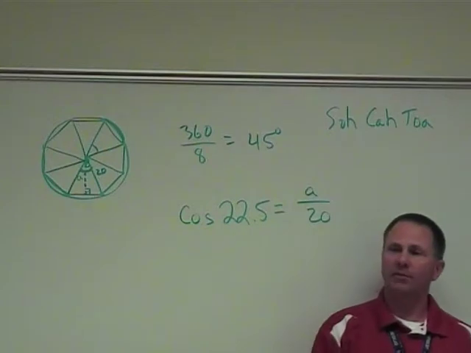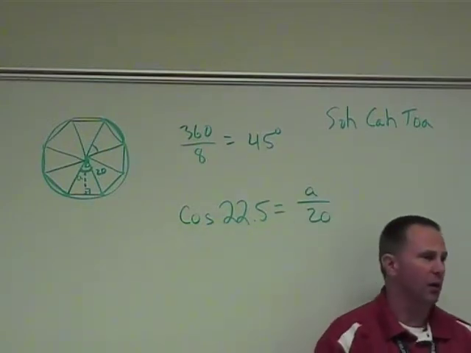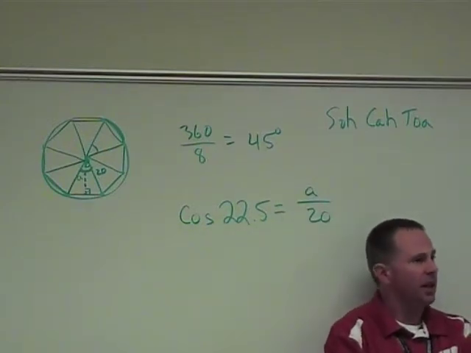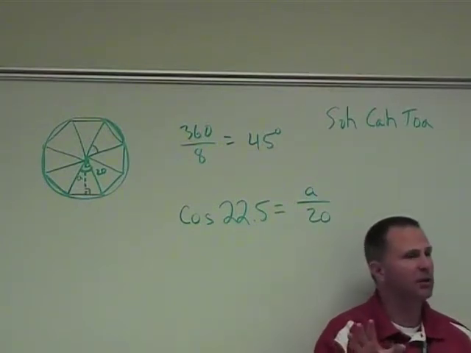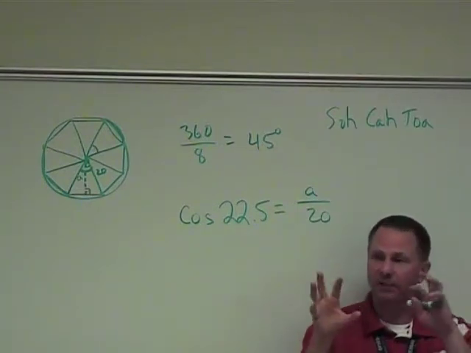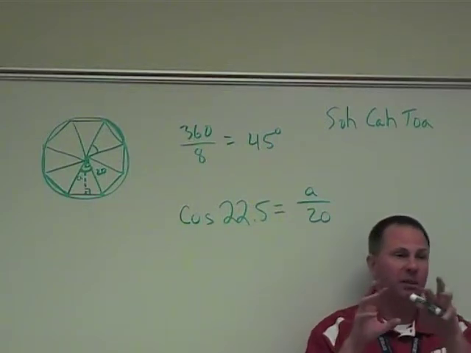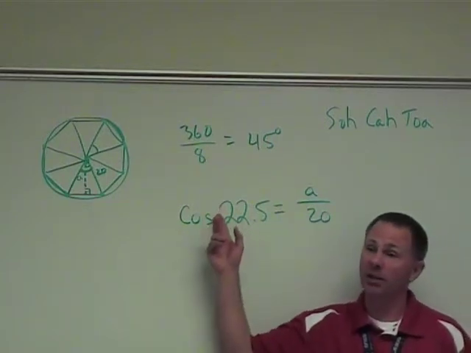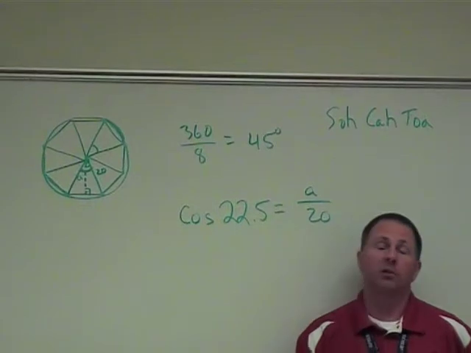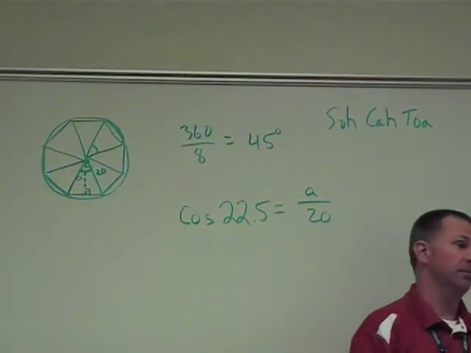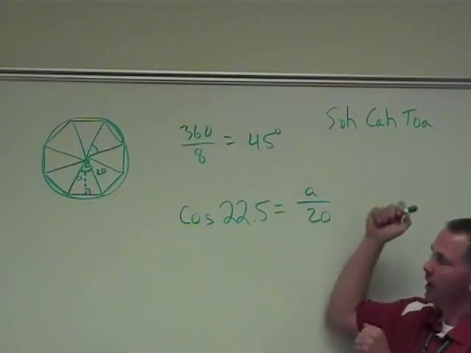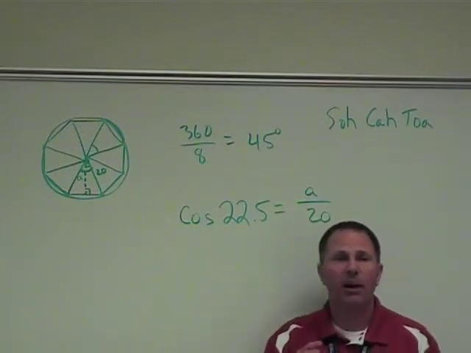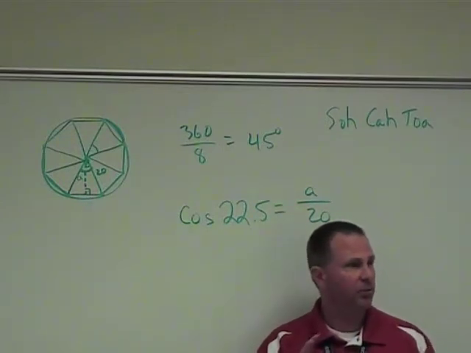So what you're going to have to do is draw these little triangles and figure out pieces that are missing. Just like what we've been doing, there's lots of different pieces, and you're only going to be given certain ones. Sometimes you're going to be given the central angle. Sometimes you're going to be given the apothem. So you have to use trigonometry or the Pythagorean theorem to figure out all the other pieces.